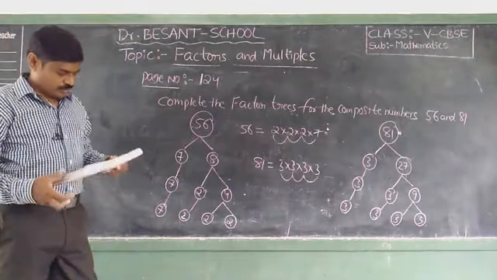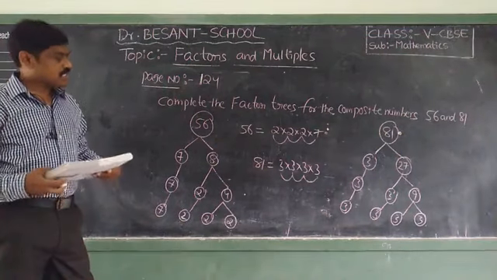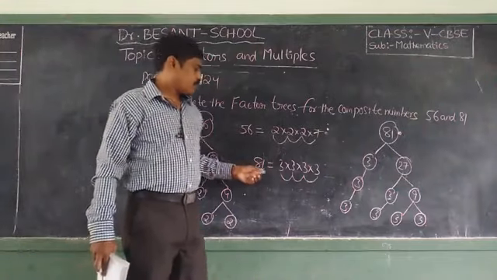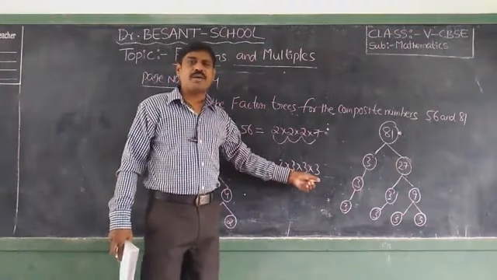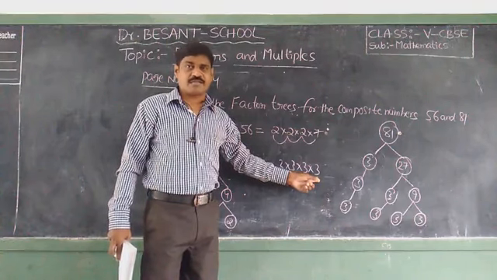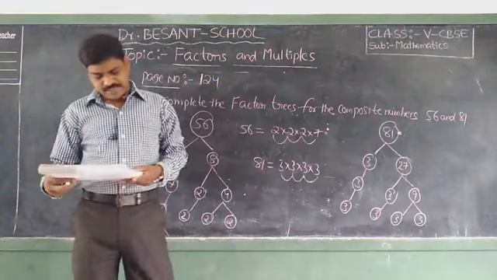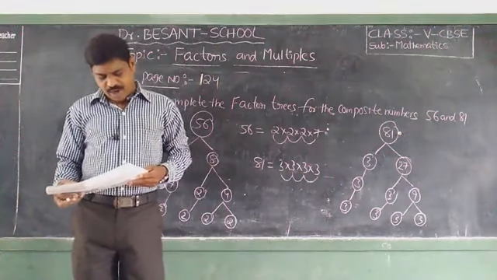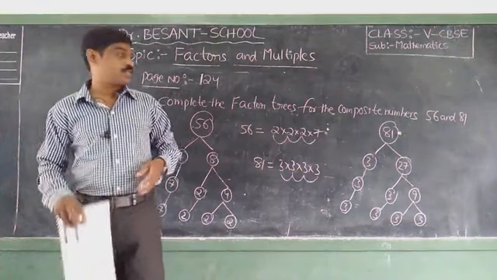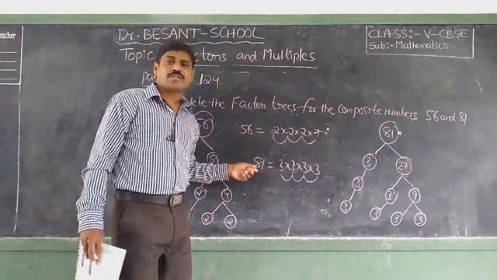Okay children, note down. Next, see, 81. All these are prime numbers. So this is called prime factorization. Every composite number can be expressed as a product of primes. 56 is a composite number, 81 is a composite number.